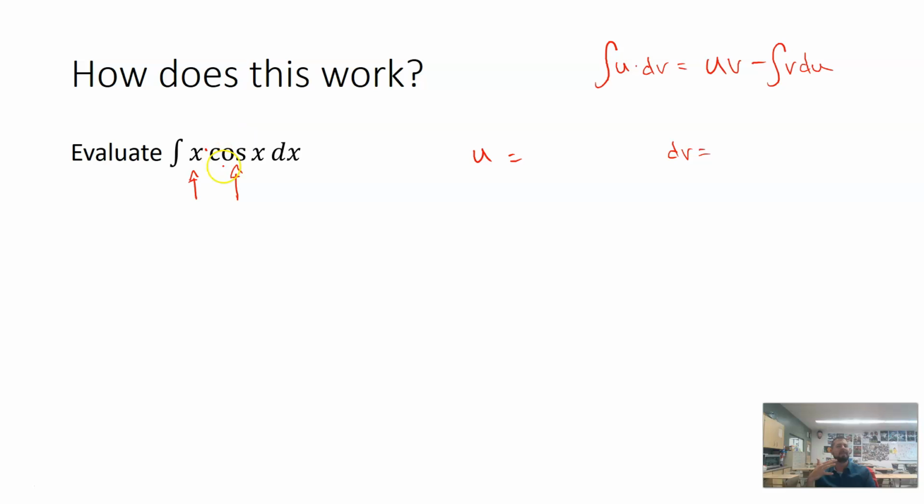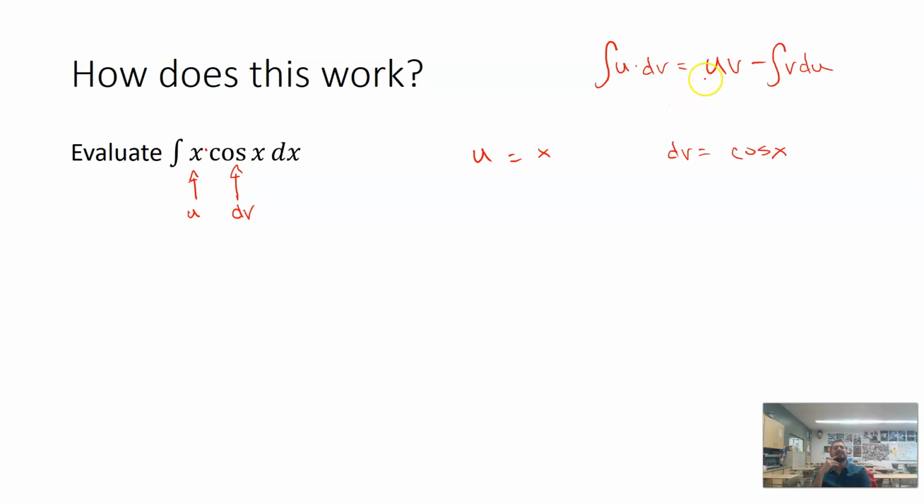When I take the derivative of cosine of x, the x doesn't go away, and you'll see why that's so important in just a second. So what that means in this problem, and every one of them is different, is that our x is going to be our u, and our cosine of x is going to be dv. So I identify both of those, and I just put them in. u is x, cosine of x is dv.